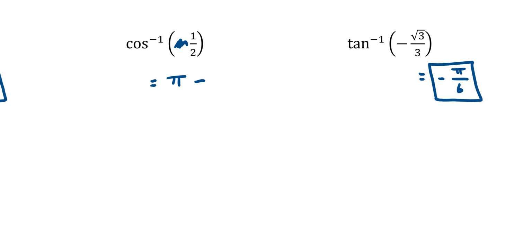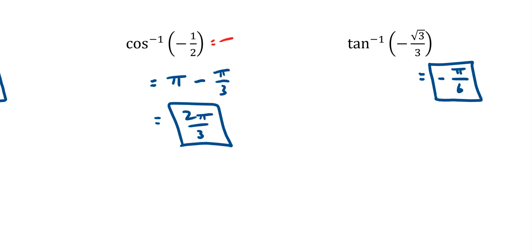Cosine inverse of positive 1/2 is pi over 3. Get common denominators, 3 pi over 3 minus pi over 3. And we get 2 pi over 3. If you like to write out the whole entire thing, it would be pi minus cosine inverse of 1/2. I just like to skip to the step that I wrote, but that's up to you.